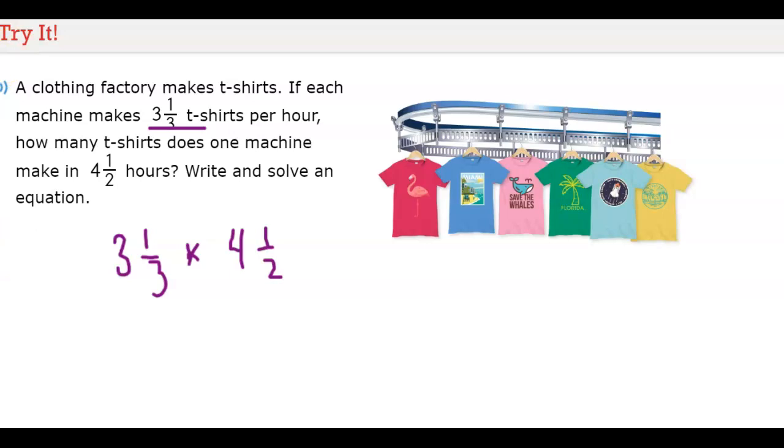We need to change these mixed numbers into improper fractions. To do so, we need to multiply our denominator times our whole number, and add that product to the numerator. So 3 times 3 is 9. 9 plus 1 is 10. And then your denominator stays the same.